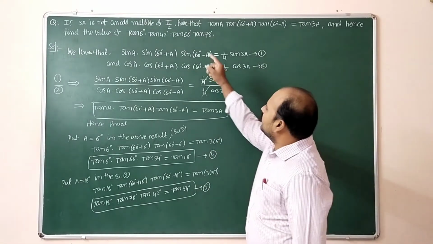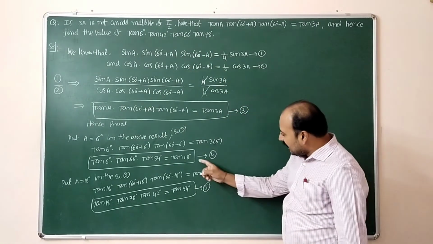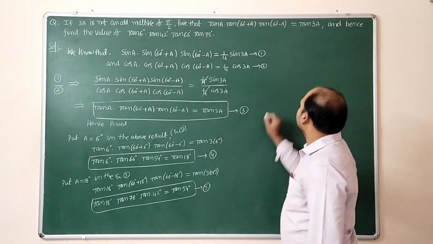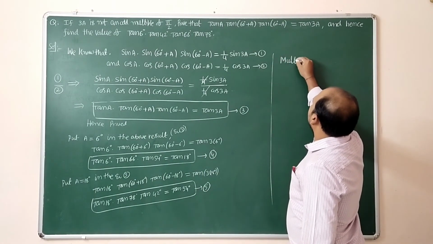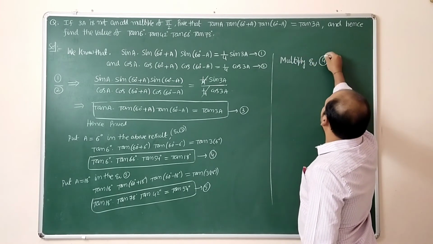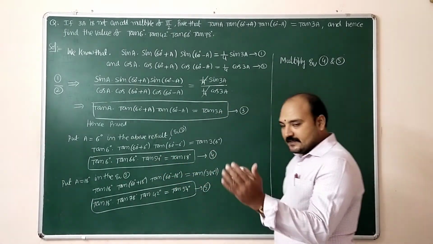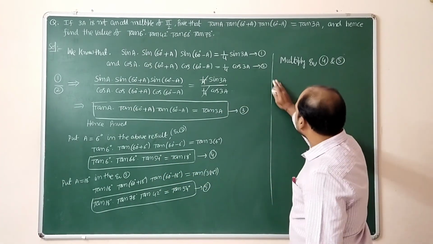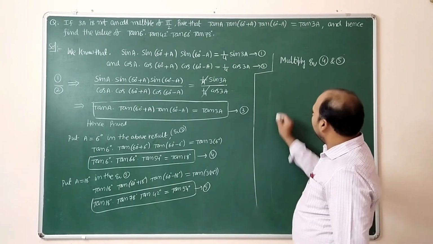They are asking to prove some other result. So to get that result, what we have to do is multiply equation 4 and equation 5, LHS as well as RHS. So observe carefully.